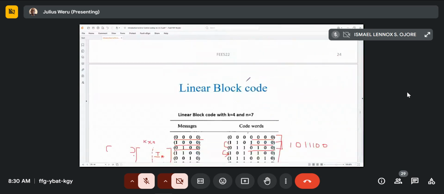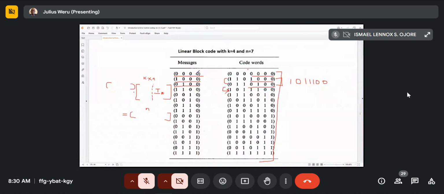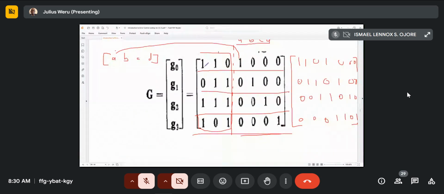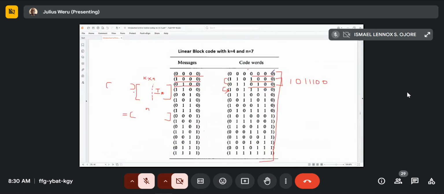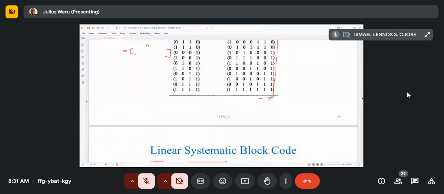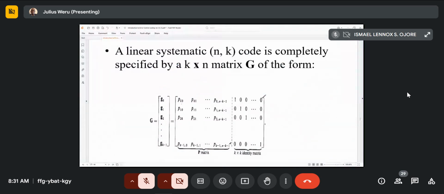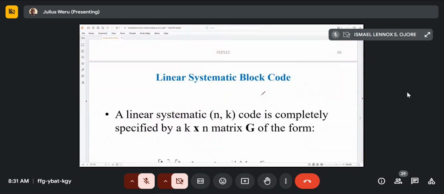If you multiply any message sequence with this generator matrix, you get the code word sequence, the output sequence. This is how you produce this. Now, once we do that, we need to have an error checking matrix.